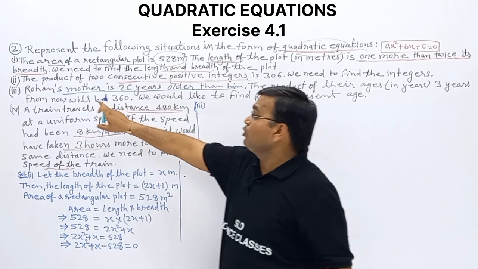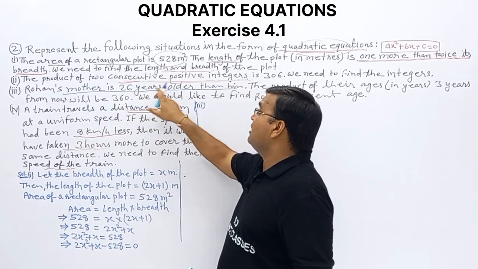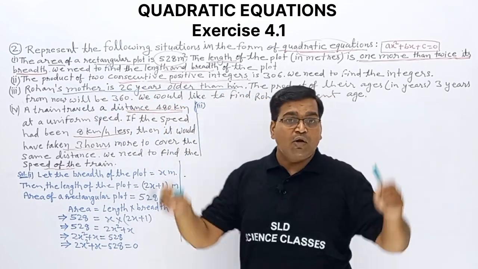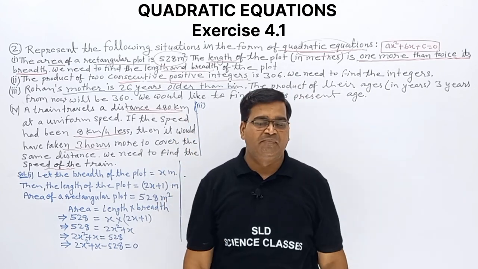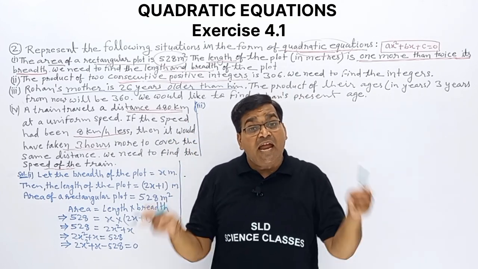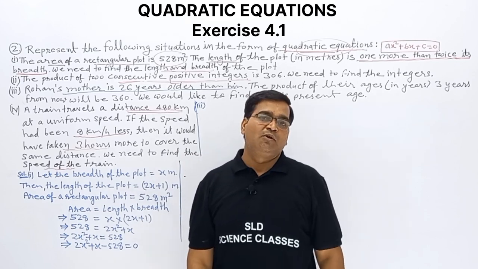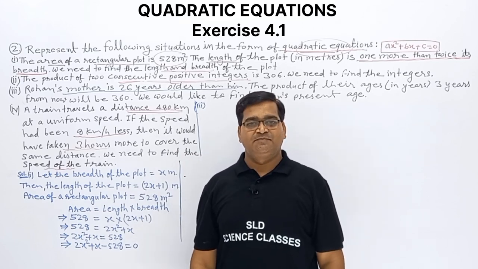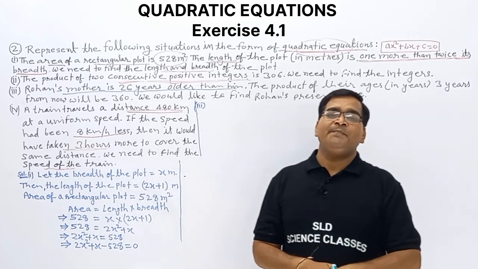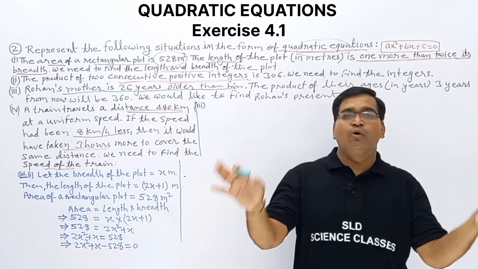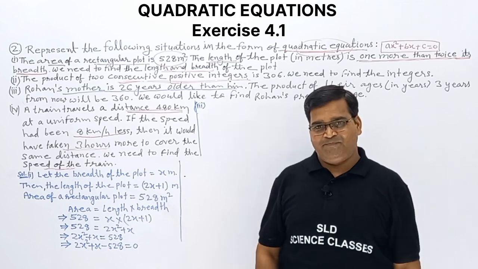Observe carefully. Rohan's mother is 26 years older than him. Whatever age Rohan has, we will add 26 to it. That will be the age of Rohan's mother. In this sentence, we don't know the age of Rohan.